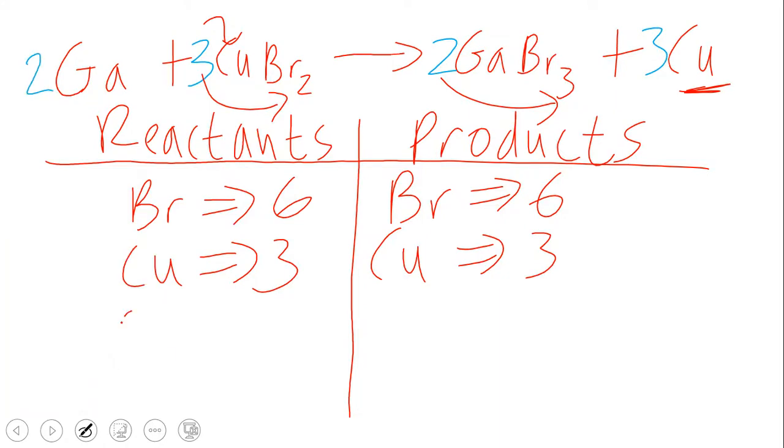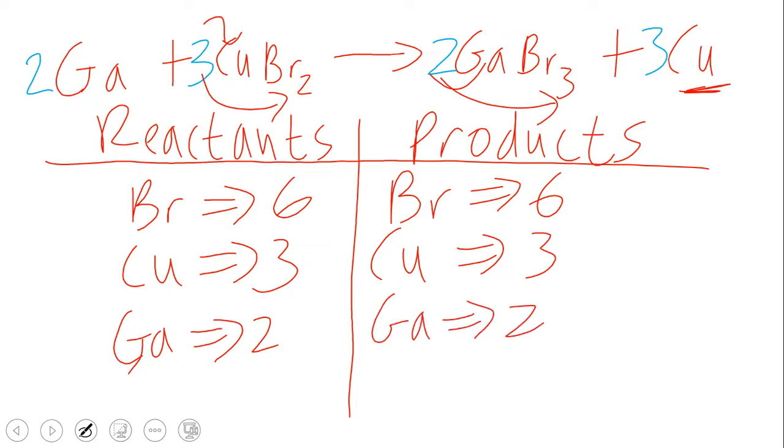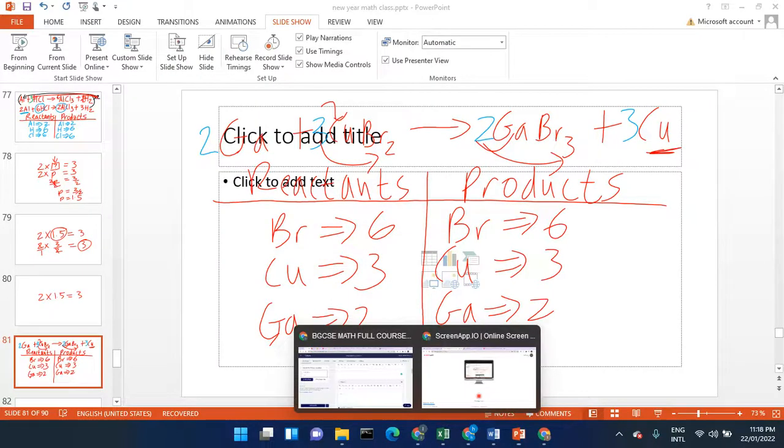So Ga is going to be 2 on the reactants, and on the product side, it is also 2. And so there you have it. Our equation is balanced. 2 Ga plus 3 CuBr2 produces 2 GaBr3 plus 3Cu. So hopefully that helps. I'll see you in another video.